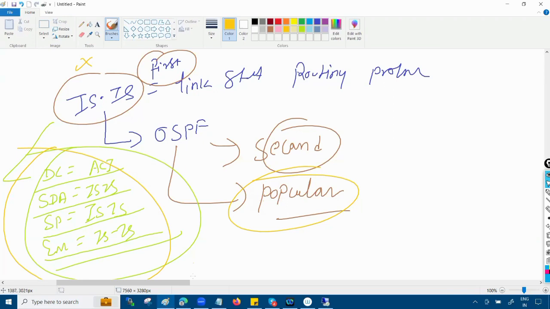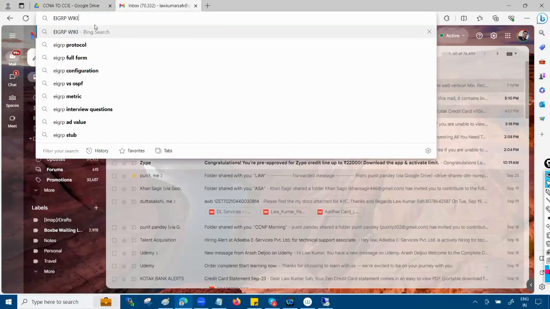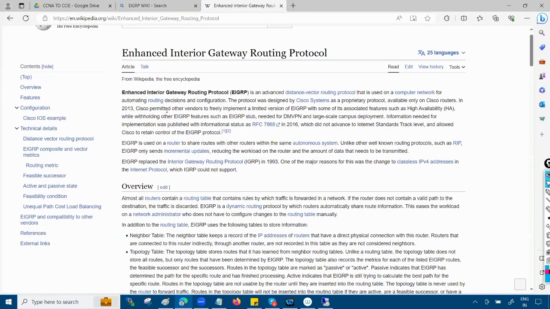If you check Wikipedia, let me show you that. I think in 2013 they proposed it and in 2016 they launched the RFC. So in 2013 they made the proposal, and in 2016 they launched the RFC.